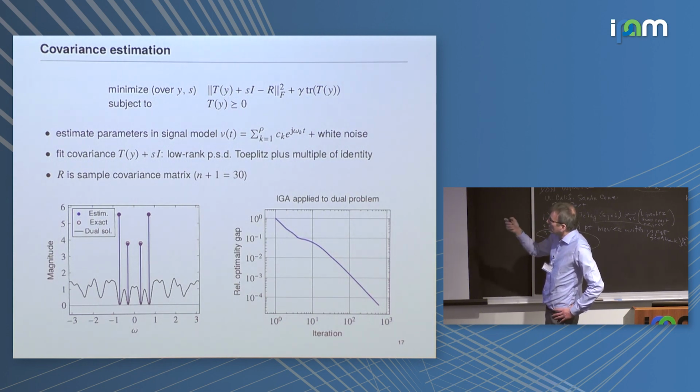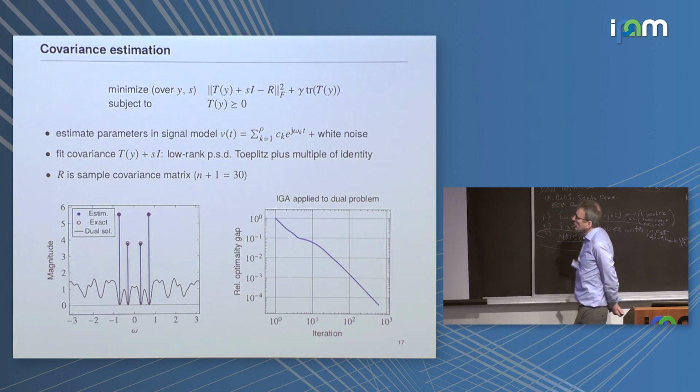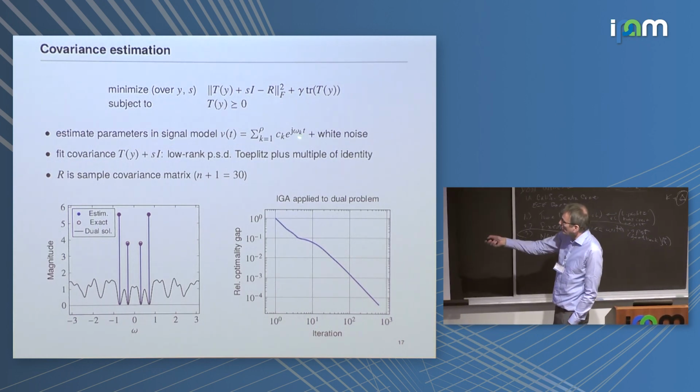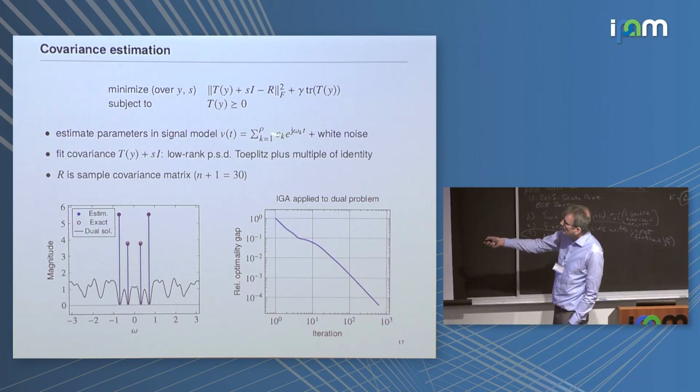The noise level is unknown, the number of terms, rho, the coefficients, the position of the frequencies, everything is really unknown. And under some classical assumptions in statistical signal processing, so of course the white noise is random, and also you assume that the phases of the coefficients are random and uniformly distributed.